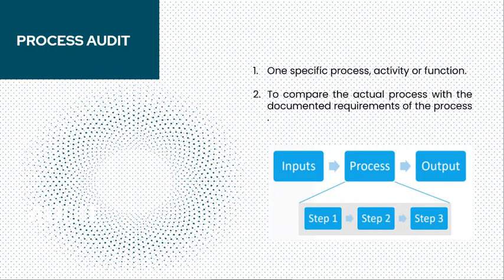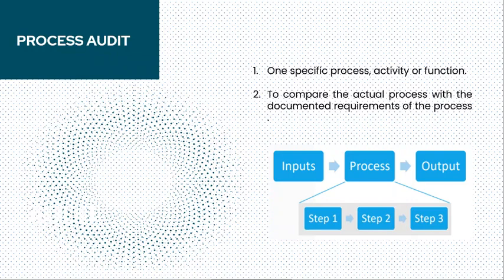Now, in this process audit, I will be looking at the requirement, and the requirement will say that the inspector is expected to pick the nut from the bin and the bolt from another bin and fasten them together. So there is a requirement, and I will be actually checking whether the actual process is being done or not.